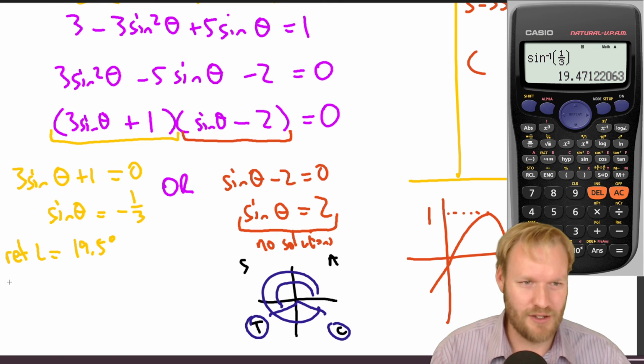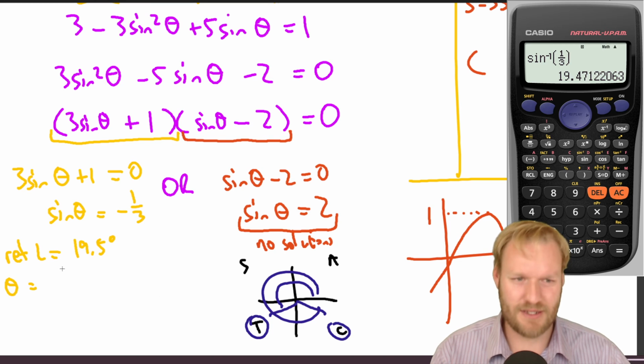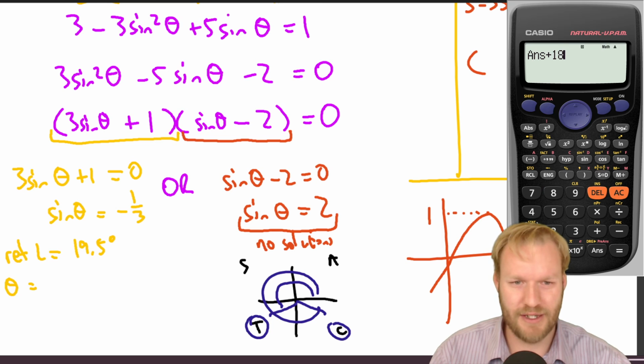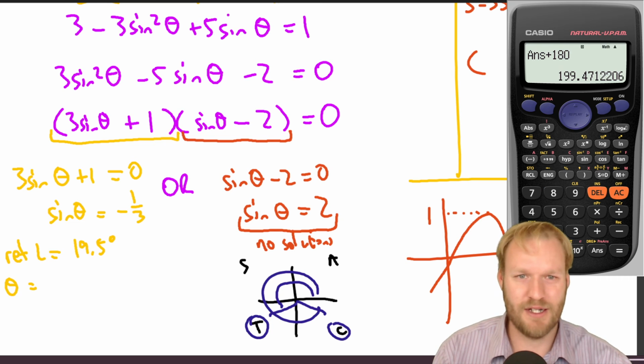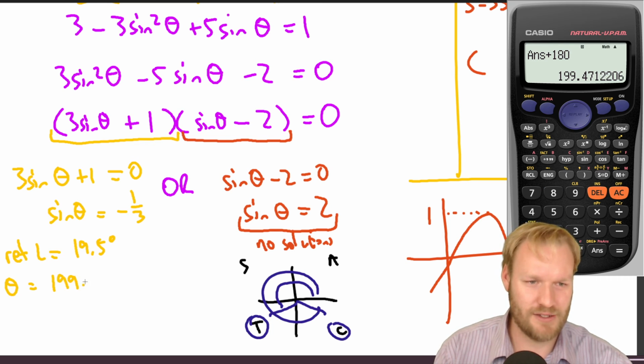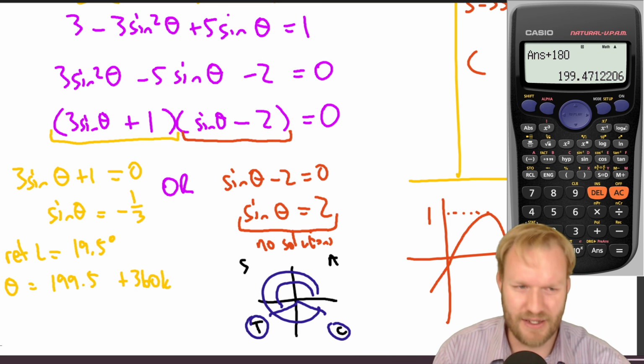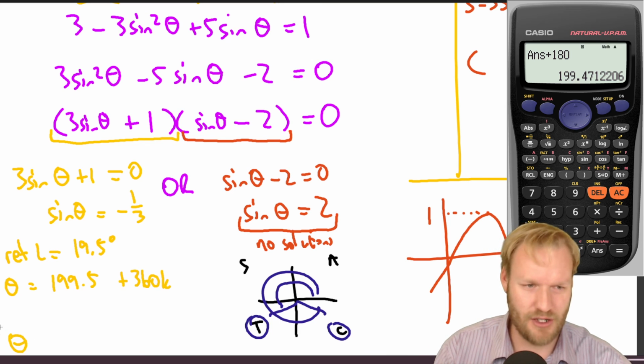So we've got theta equals 180 plus 19.5. So we just go here, plus 180 equals 199.5, plus 360k. I just get into the habit now of doing the general solution and then seeing where our options are.